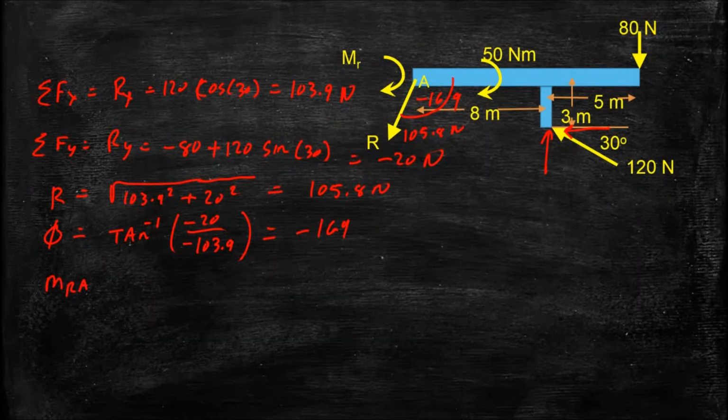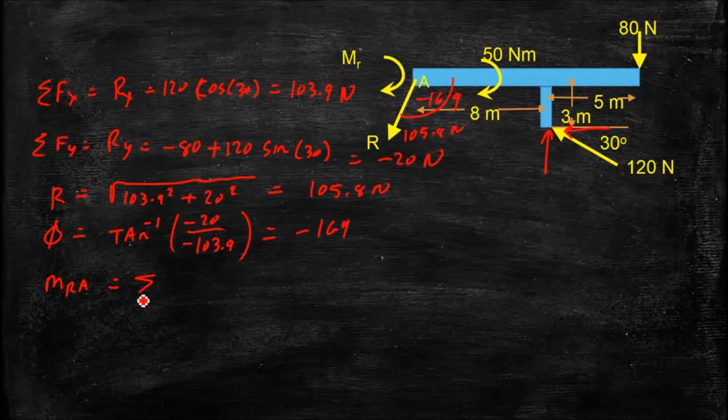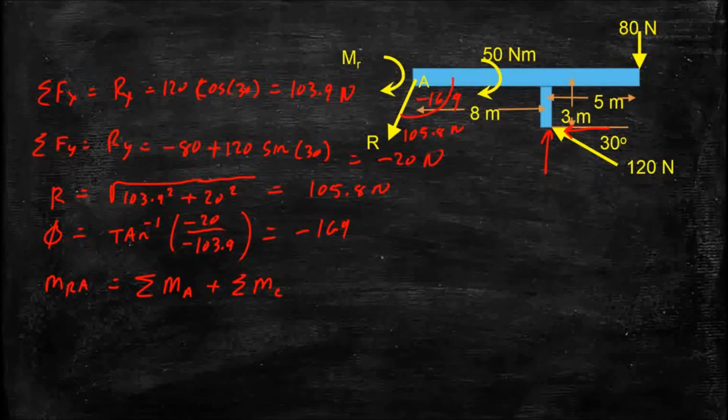Okay. My resultant moment at A is going to be equal to the sum of the moments about A plus the sum of any couples that exist, okay? And we do have one couple in this case.